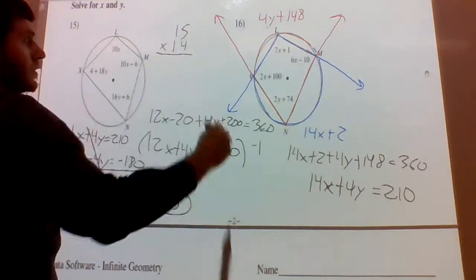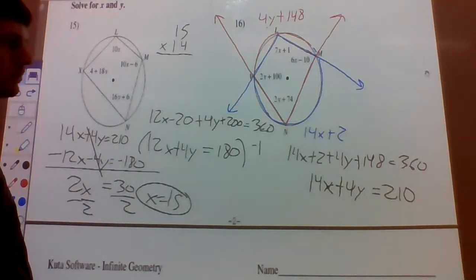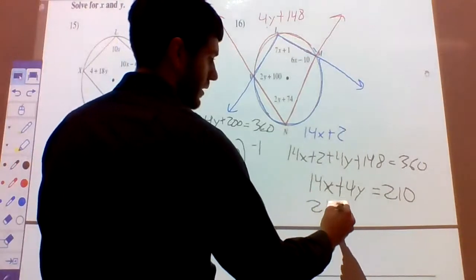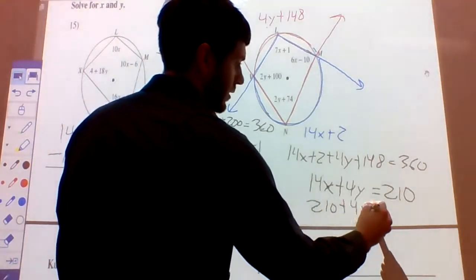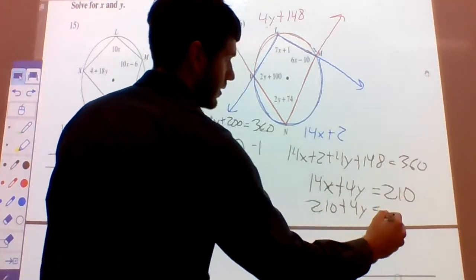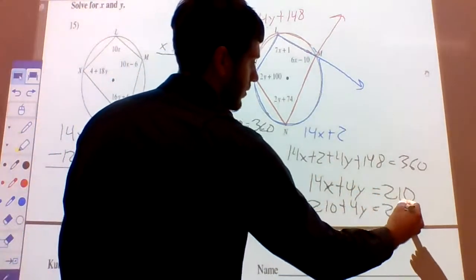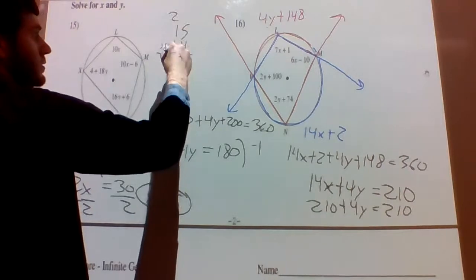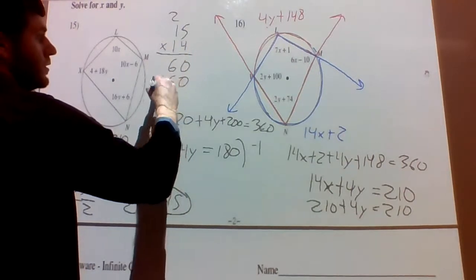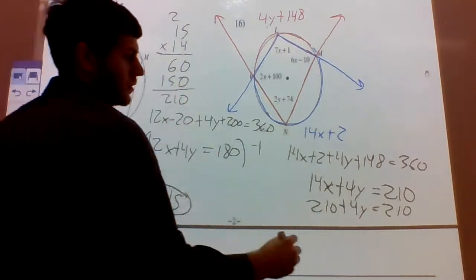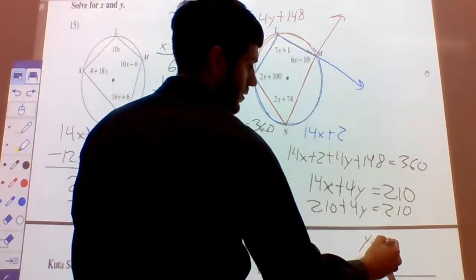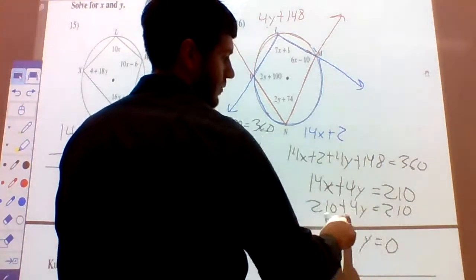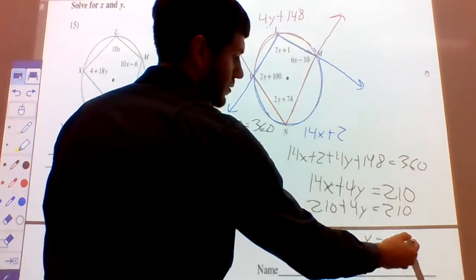What's 15 times 15? 225, so 210. 210 plus 4y equals 210. Maybe y is 0. Let's try it. So that's going to be y equals 0. Minus 210, 4y equals 0, divided by 4, y equals 0.